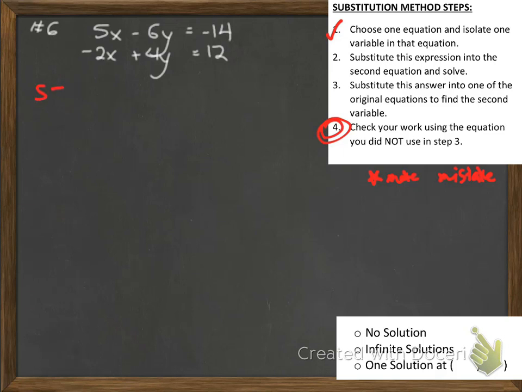This is really totally up to you. I'm going to try to avoid fractions here, but I think I'll pick negative 2x plus 4y equals 12, and I think I'll isolate the x. So I will do that by first subtracting 4y from both sides.